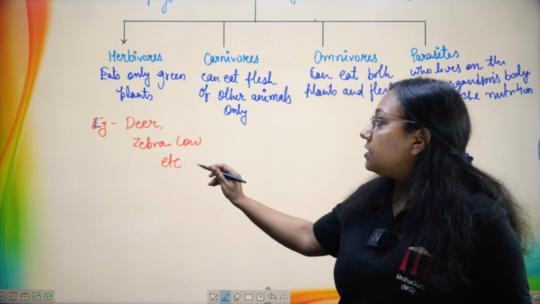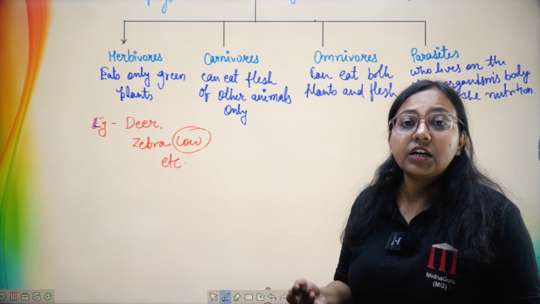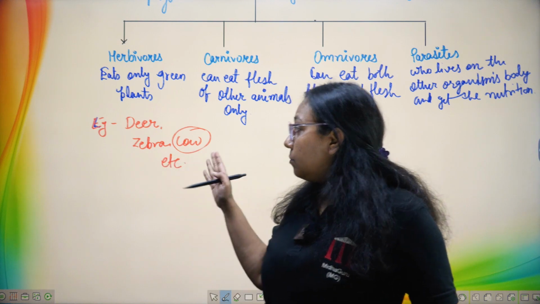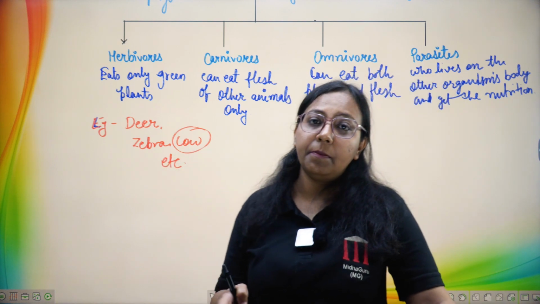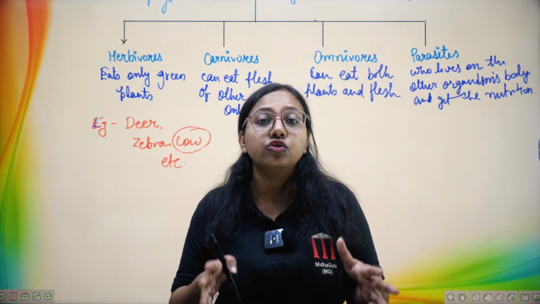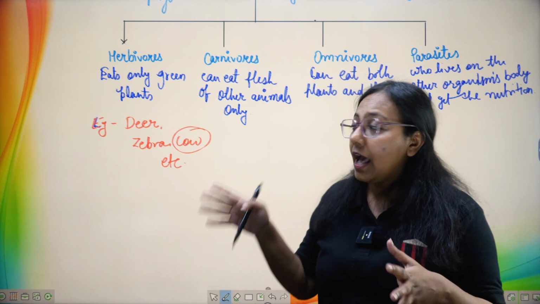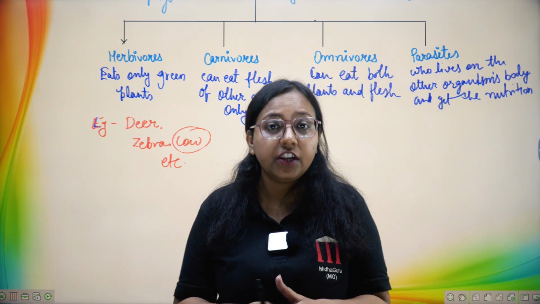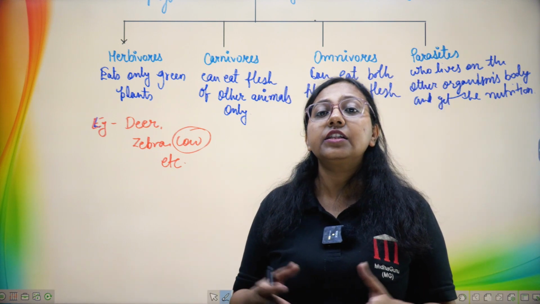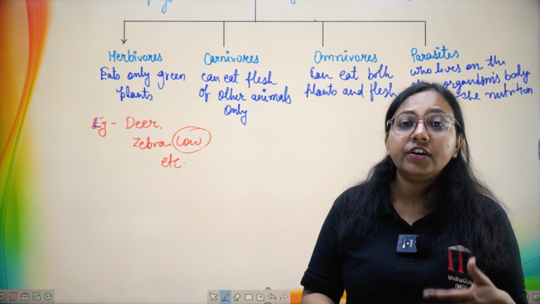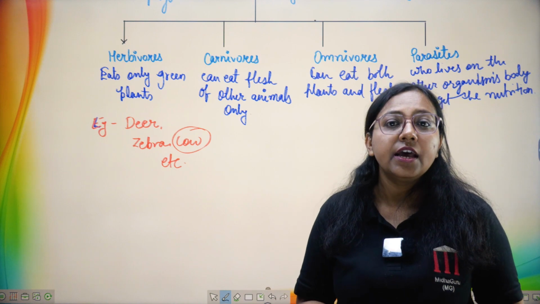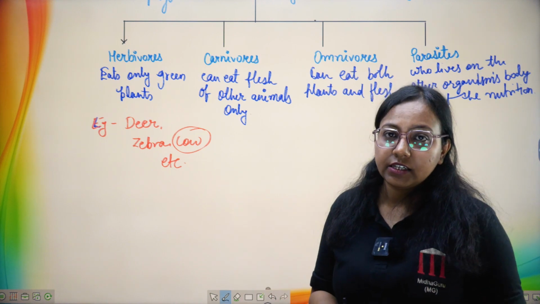You must have seen that a cow's digestion process is very different from humans'. They have more chambers in their stomach than human beings. Why? Because green plants contain cellulose, and cellulose is very difficult to break down. So they first engulf the food and keep it in the stomach, then chew later on, because cellulose is hard to digest.